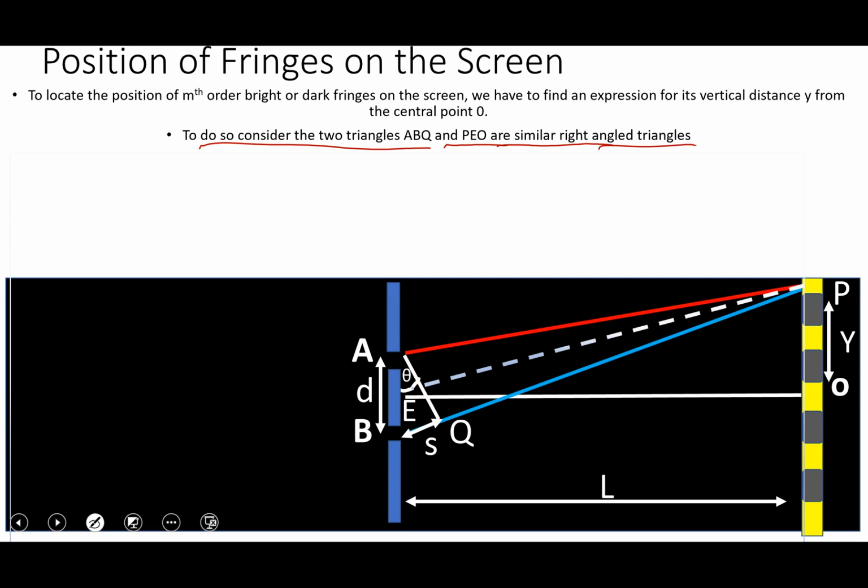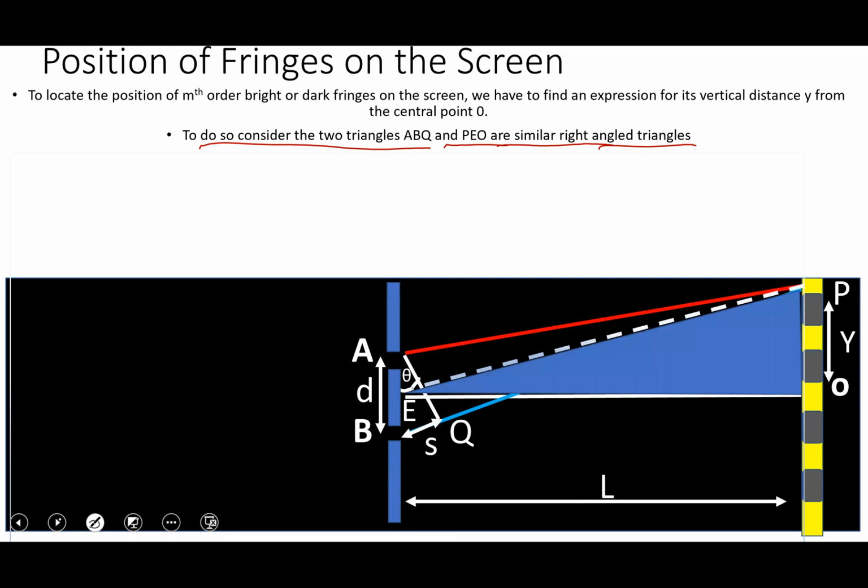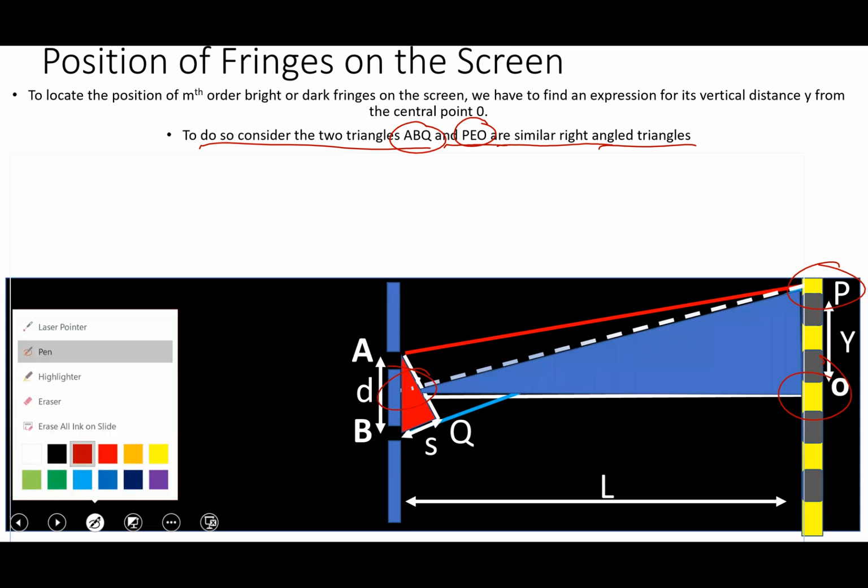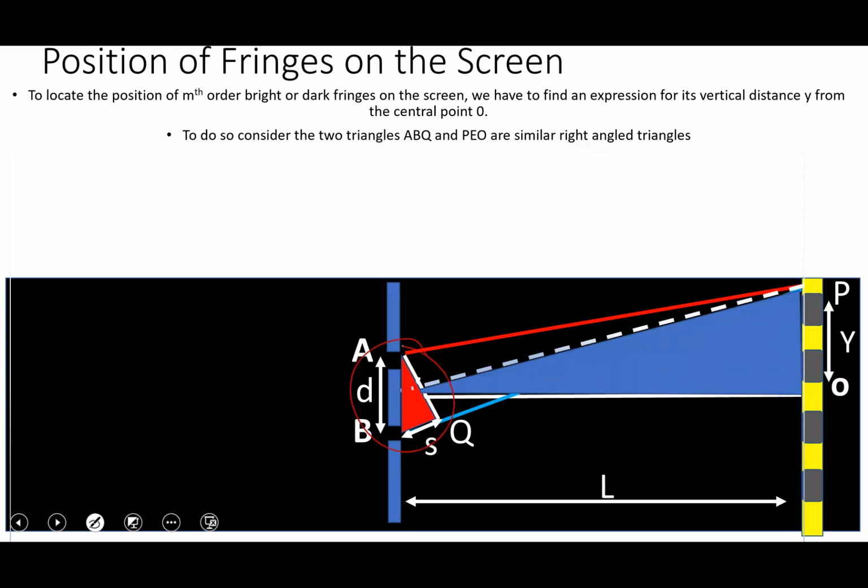Let me mention the one triangle over here. So this is triangle PEO, and let me draw the other triangle, which is ABQ, right over here. So both triangles ABQ and PEO are similar to each other.